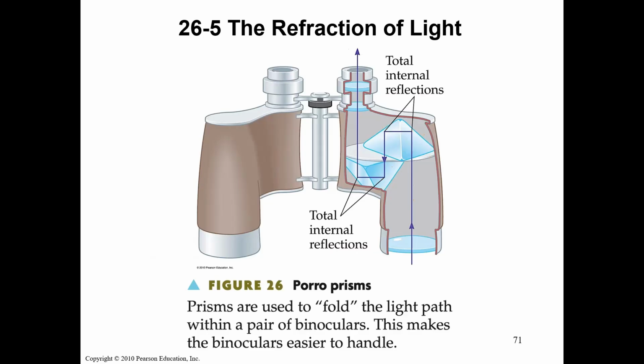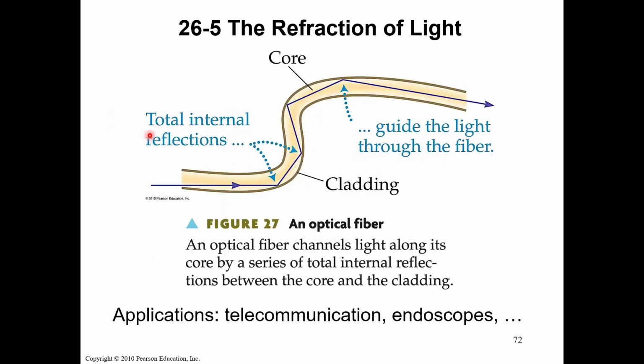Same thing inside the fiber. If you have an optical fiber, it is a carefully designed medium. The core material has a refractive index N1, and the cladding material has a refractive index N2. We have N1 larger than N2, so that when light goes from N1 to N2, there is total internal reflection.